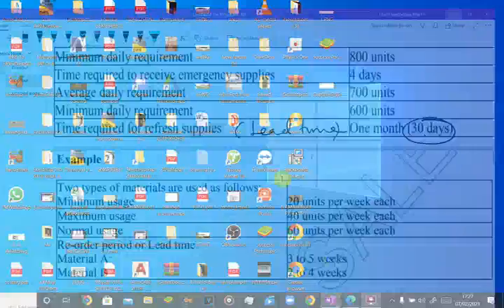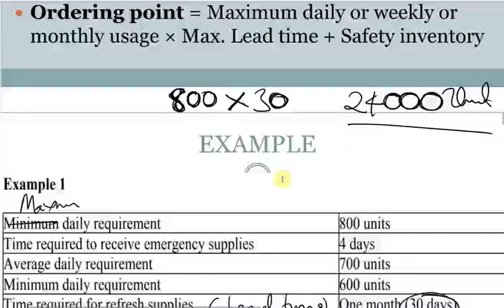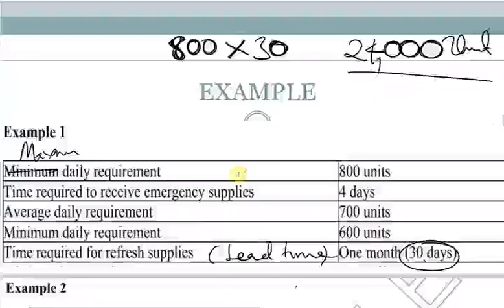So we have found that the level should be 24,000 units. That's when you should make your order. When you are remaining with 24,000 units, you should make your order.